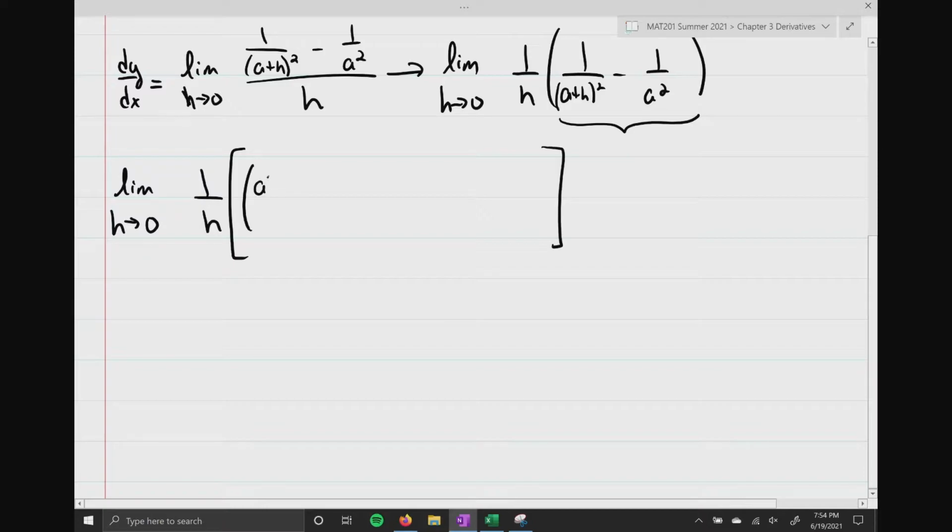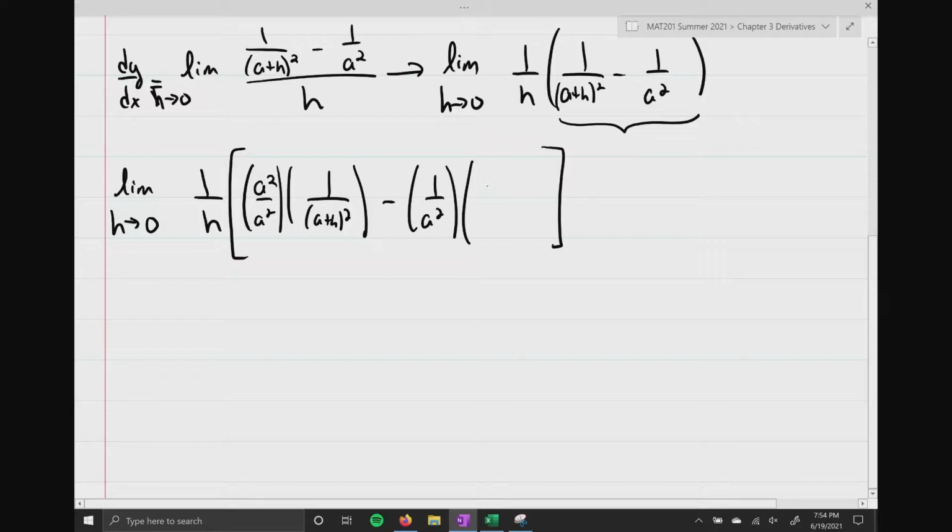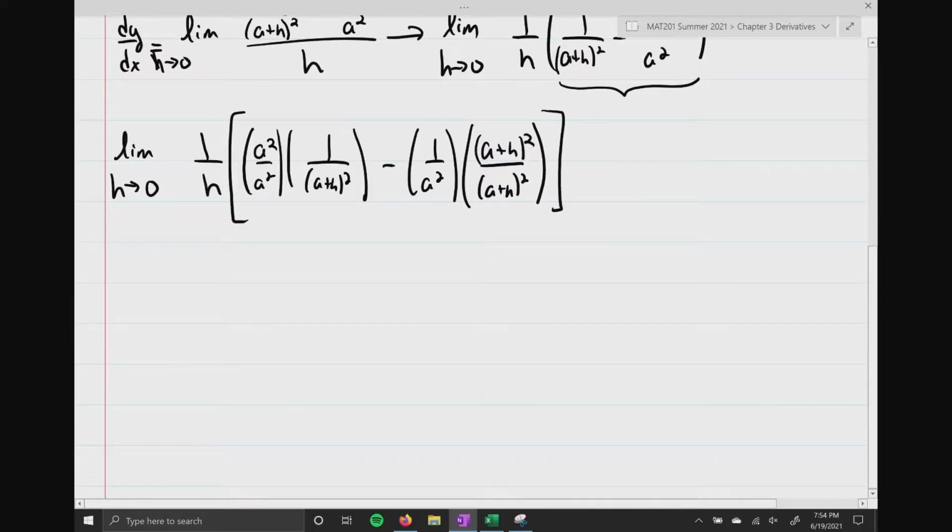So here's a squared over a squared times 1 over the quantity a plus h squared minus 1 over a squared. Now I'm going to multiply this by the quantity a plus h squared over the quantity a plus h squared. So that's going to give me the limit as h approaches 0 of 1 over h.